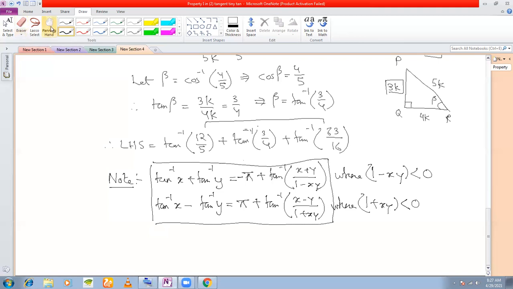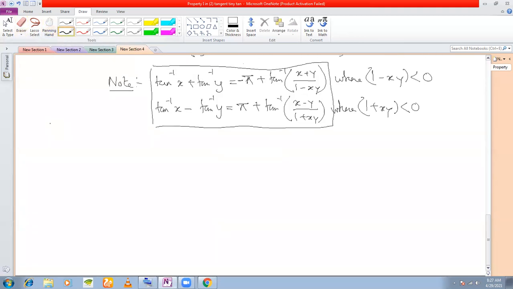Okay. We move on to the next result. So this is not a property; in fact, these are formulas. And in these formulas, we'll be using your multiple angle.